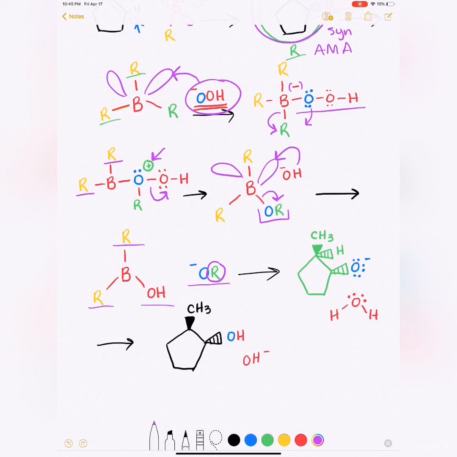So this oxygen is going to satisfy its formal negative charge by reaching out and grabbing a hydrogen off of a water molecule. This will collapse back onto oxygen, regenerating OH, which is okay because we're in basic conditions. And that will give us this OH group here, and regenerating OH in solution. So that is how we create 2-methylcyclopentanol.